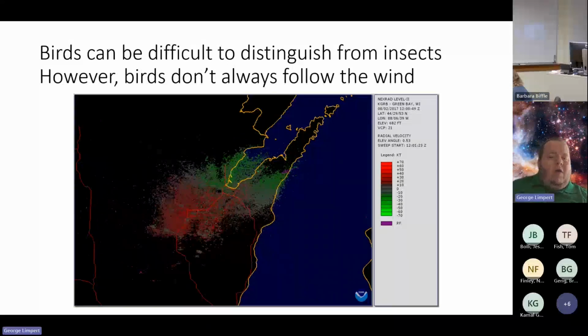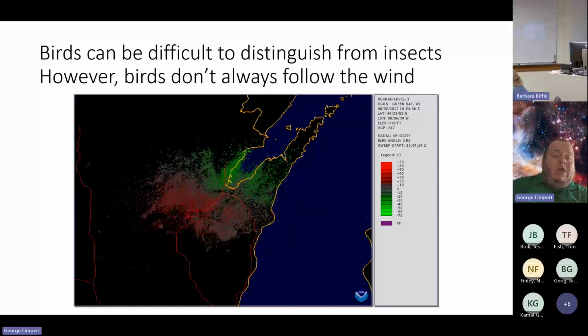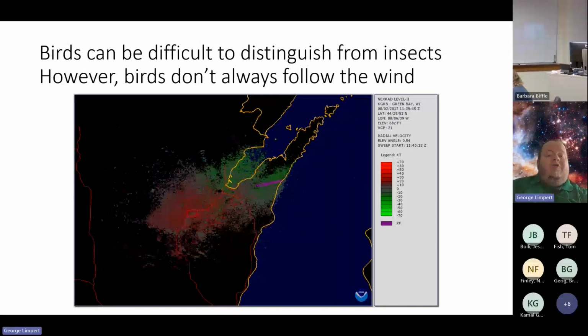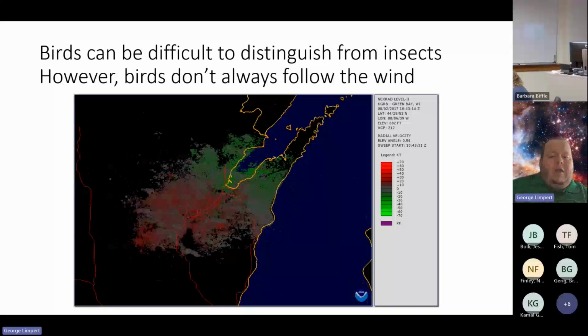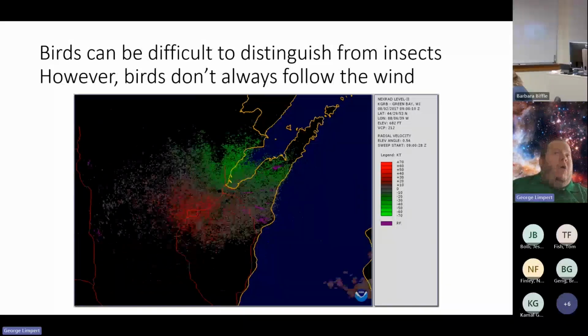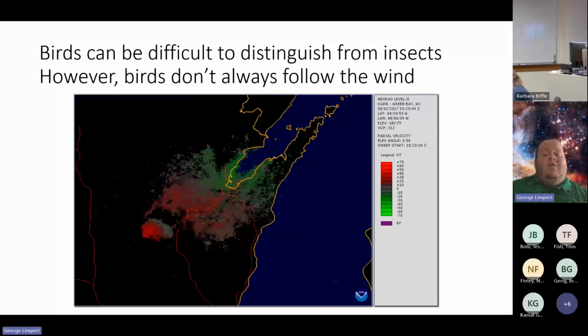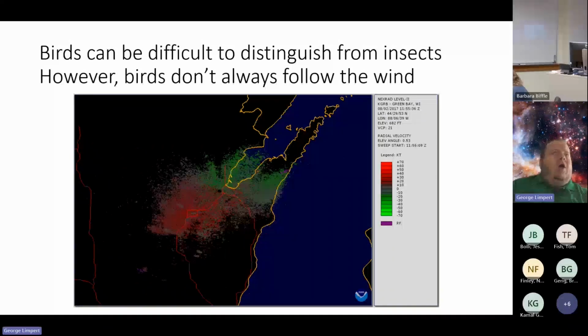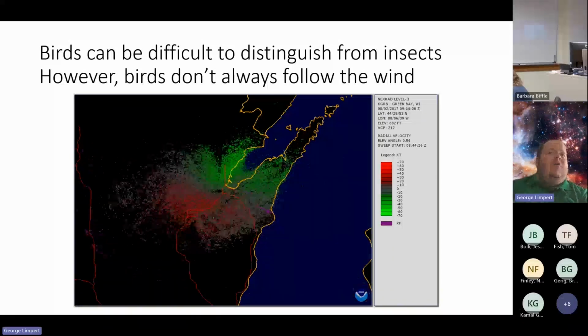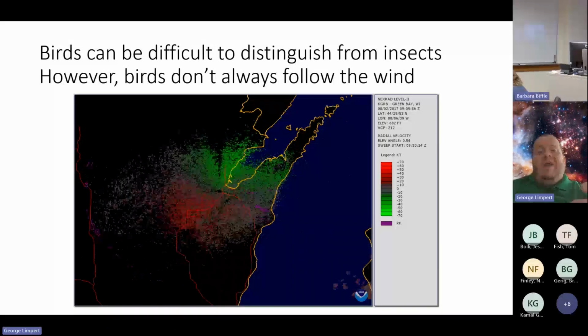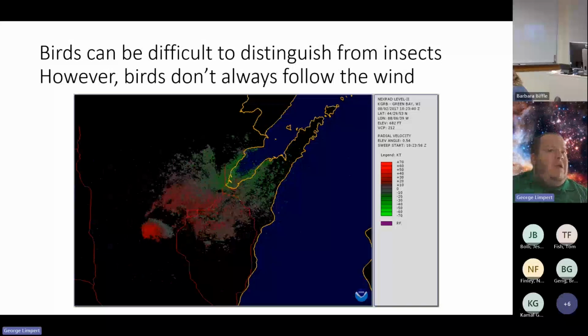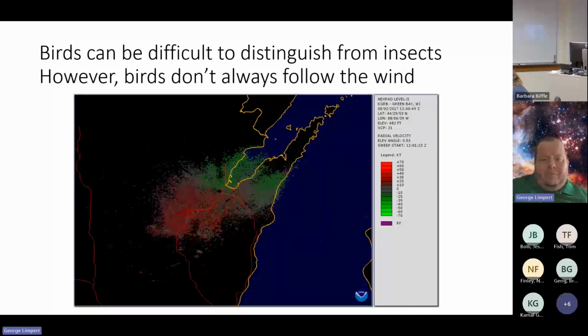You'll see some areas with bright red colors where the birds are moving much faster than the wind, or in a different direction. We can use this information along with other things to determine that those are birds, because they're not really following along with the wind, whereas the insects do that a lot more. So we can use information like that to help us distinguish between birds and insects.